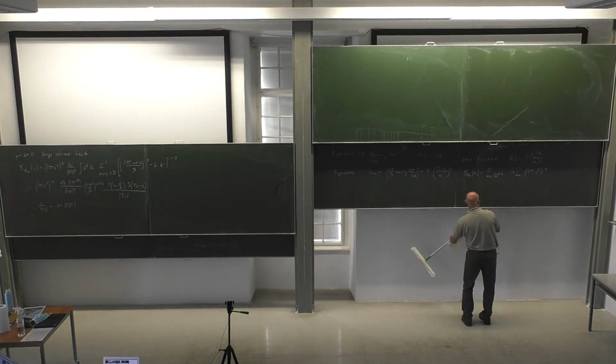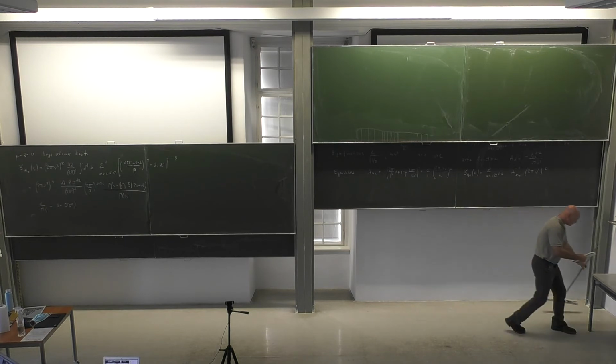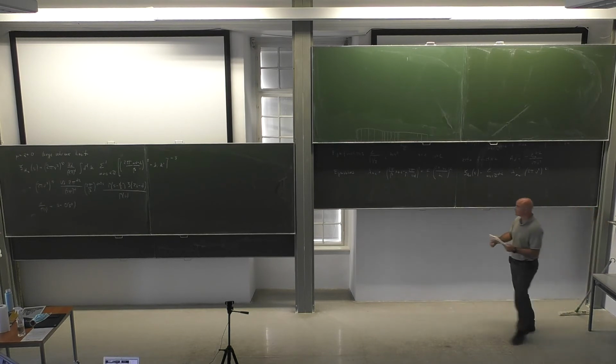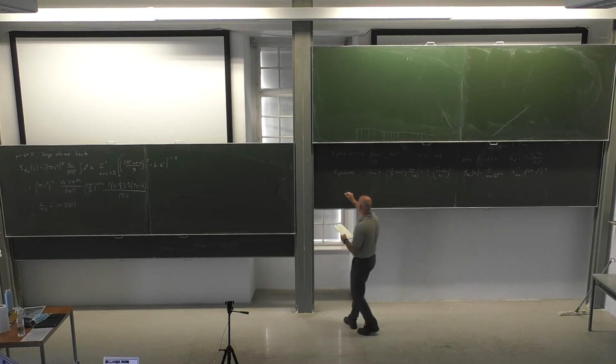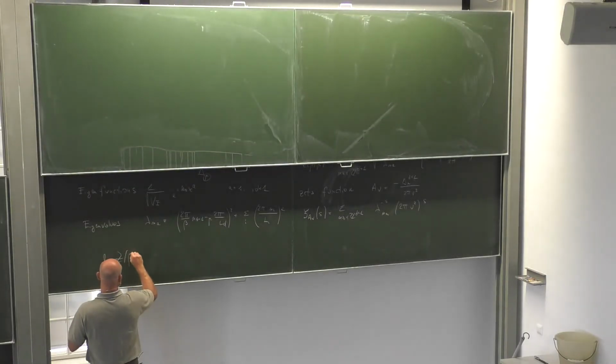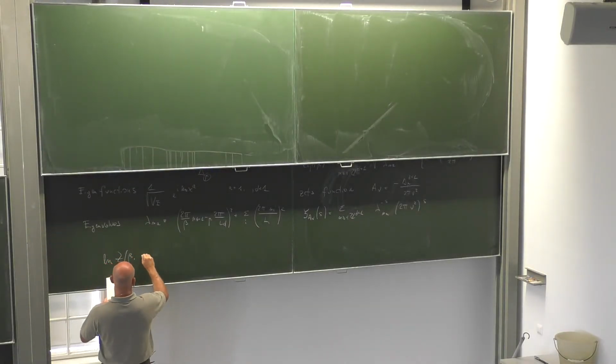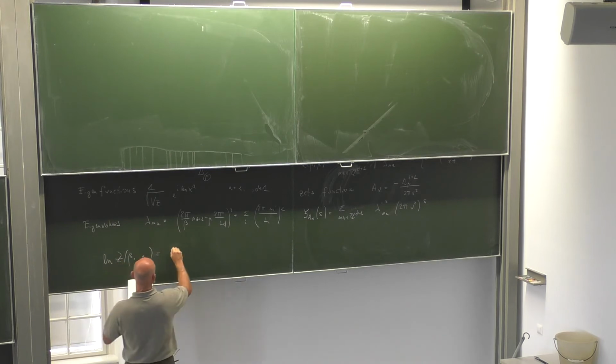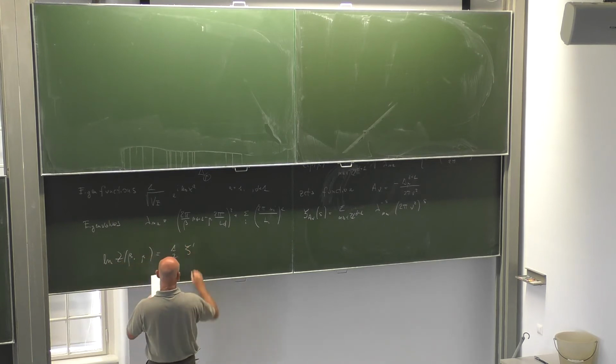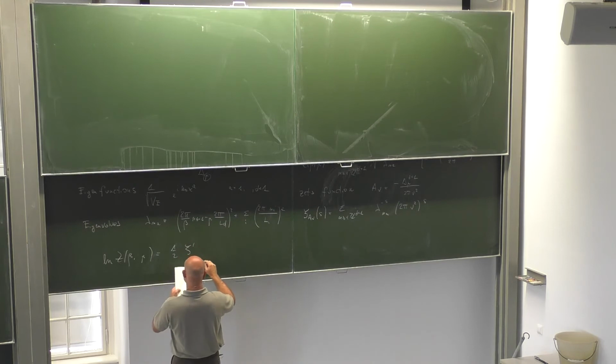So the partition function explicitly in terms of the zeta function is basically 1/2 of the derivative of the zeta function at s equal to 0.